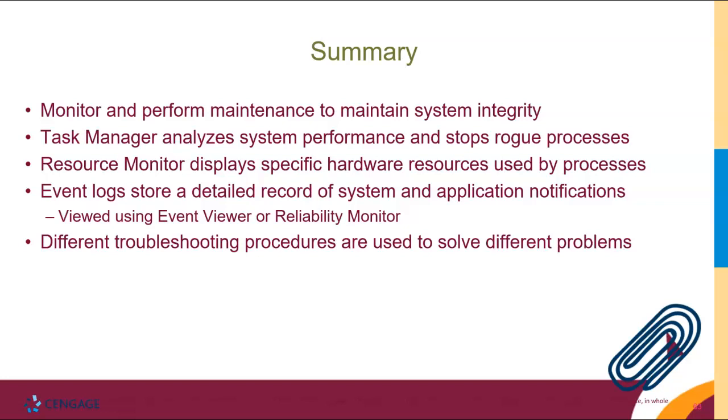And then different troubleshooting procedures are used to solve different problems, as you saw there. It's a lot of if this, then do that. So as you move on in your careers and get more experience troubleshooting, it becomes a lot easier to isolate problems and know where to go next.